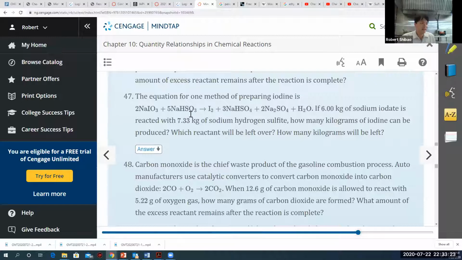This one's more skeletal, you just mix it together and see what happens. Iodate is not on the chart, nor is sulfite or bisulfite. Sulfite and bisulfite are going to have the same redox, they're both +4, which is the same as SO2.